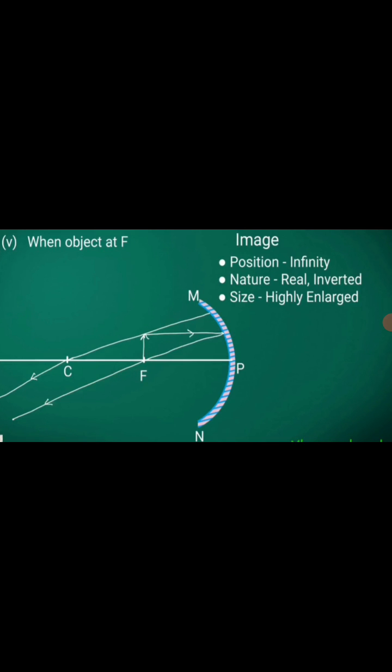Okay, so you might have observed one of the activities in the 8th standard, children, where you have a concave mirror, and if you hold it towards the light rays of the sun, and just beneath that you hold a piece of paper, after a few minutes the paper starts burning. You can observe the spot of the sun on the piece of paper.